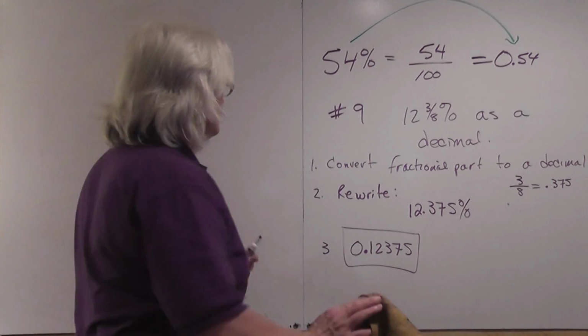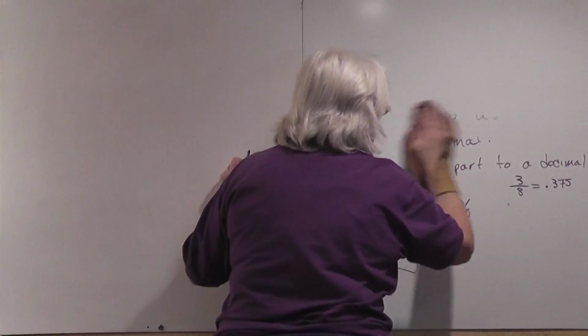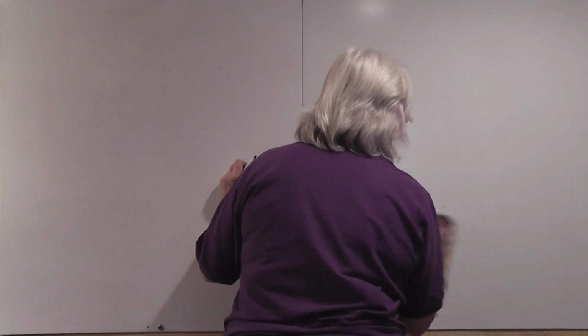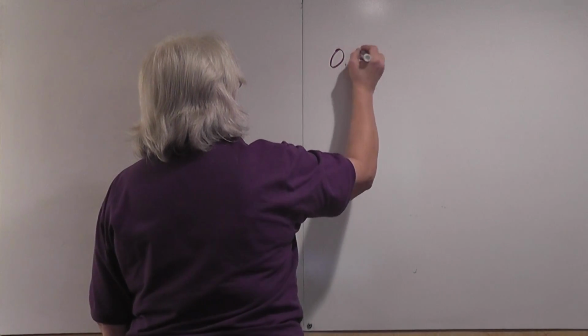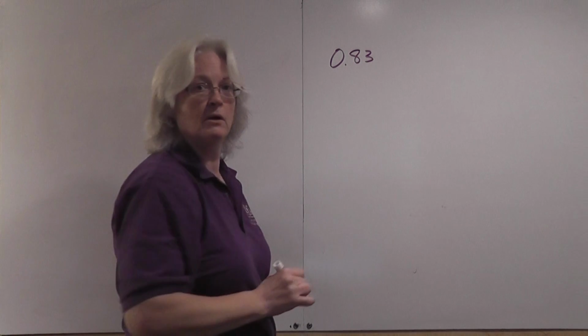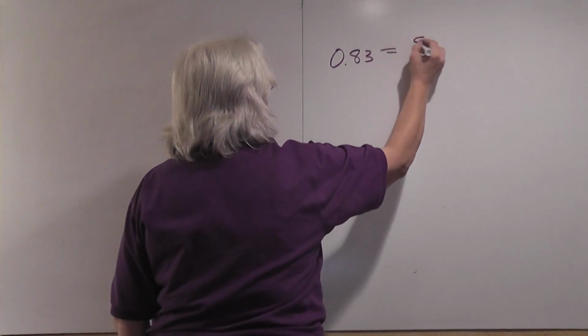So now we want to write a decimal as a percentage. What are we going to do with that? Well, let's go ahead and write our general illustration here. We're going to use 0.83. That's 83 hundredths.